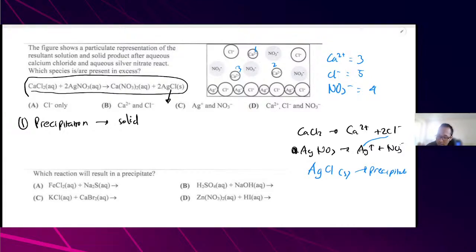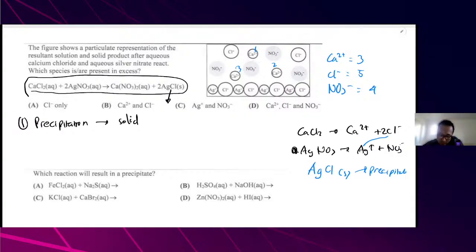Let me think first. Cl minus. And then wait, this one is AgCl.